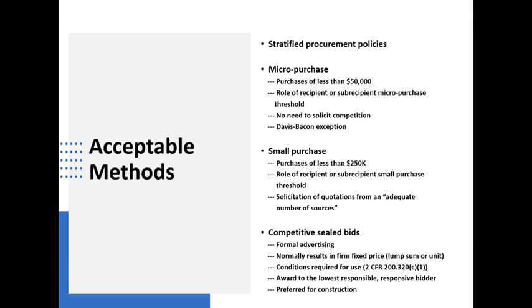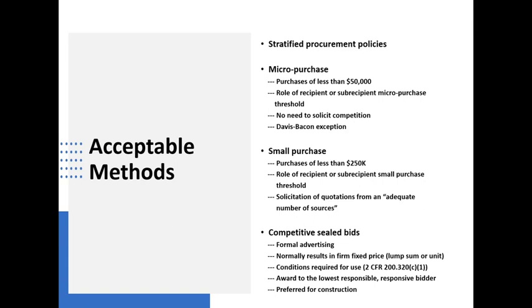Now, there's also a limited exception, and that has to do with the applicability of the Davis-Bacon Act, which is a Depression-era statute that says that in federal contracting and federally assisted contracting for construction, the people who do the work must be paid wages that are consistent with those established by the Department of Labor.